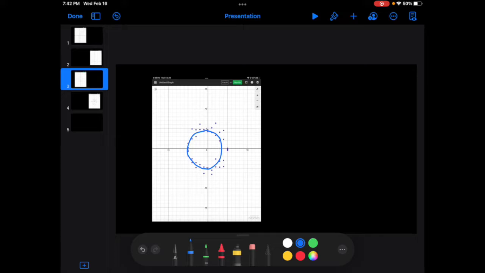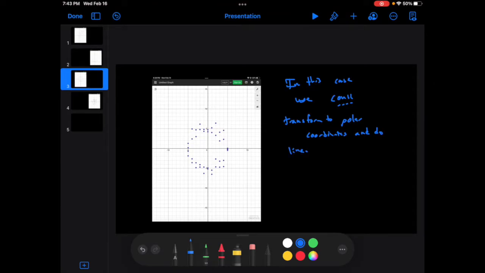Now, there's no way that linear regression can ever fit a circle, but in this case, we could, all right, I'm putting could here because it is a lot of work, we could transform to polar coordinates and do linear regression on the polar values. Like I said, that is a lot of work. It's kind of a big deal. It's pretty cool though if you want to try it out.